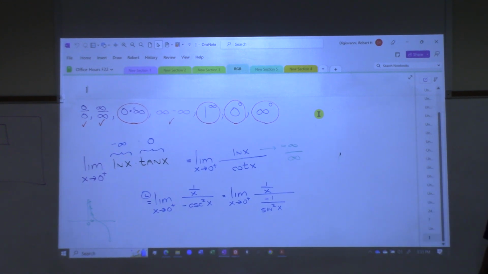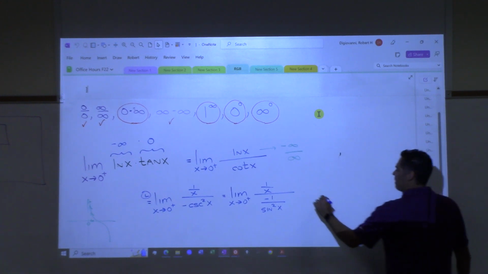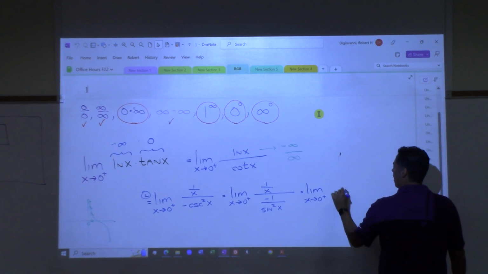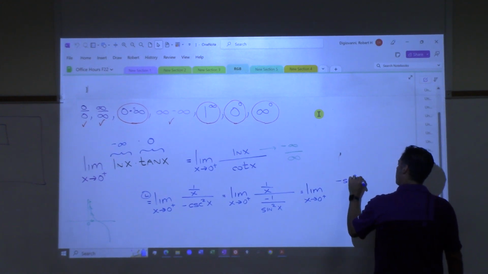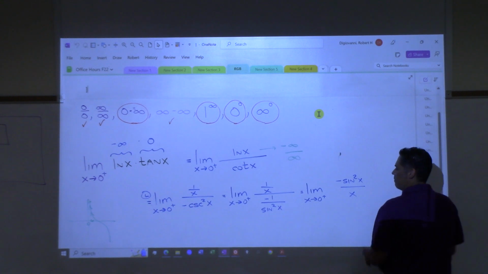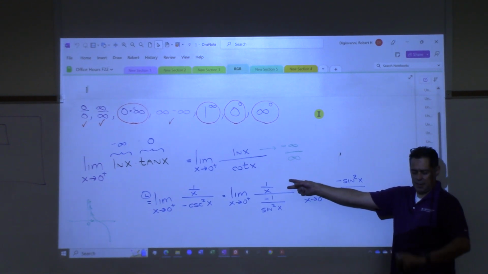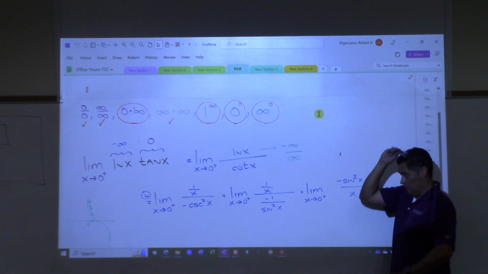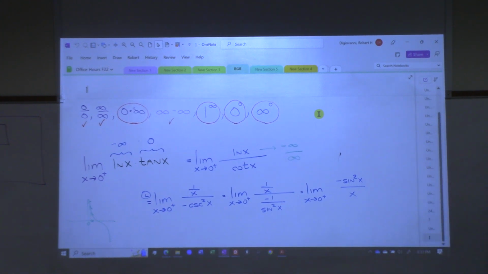Y'all buy that? Can I rewrite it this way? Bring this up like that. That all right? Still just algebra?